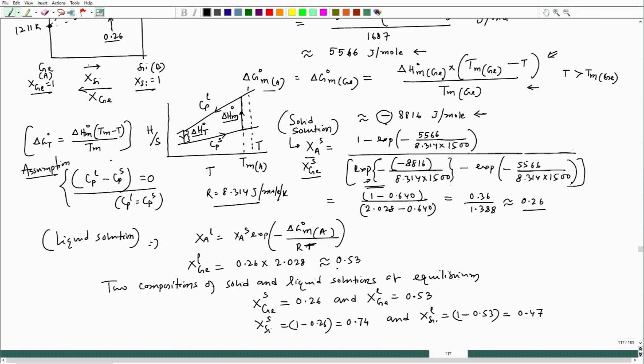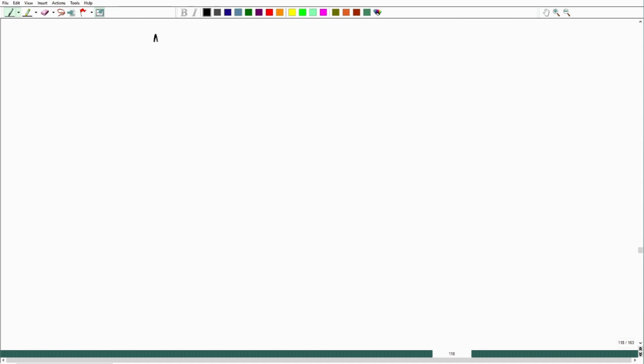So, now let us also discuss one more part. For example, while drawing the phase diagram for a binary system, let us say A and B, we have taken the melting point of B to be greater than the melting point of A, and we have considered, of course, ideal solution formation.